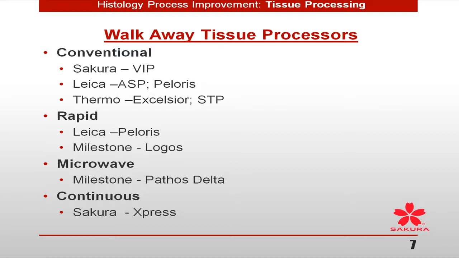But when you look at this slide, and we look from conventional, rapid and microwave to continuous, the next biggest breakdown is that with conventional, rapid and microwave on this page, there is a processing receptacle that all of the tissues are placed into, and a variety of solutions are brought in and taken out of that one receptacle. The Express has multiple processing receptacles, and the tissues are taken from receptacle to receptacle.